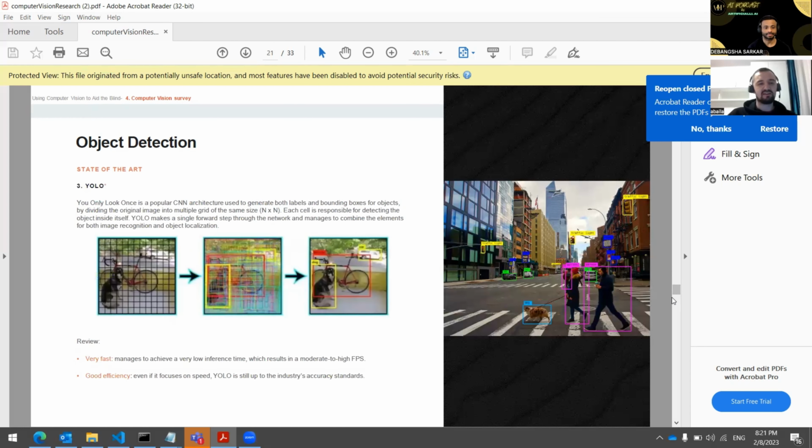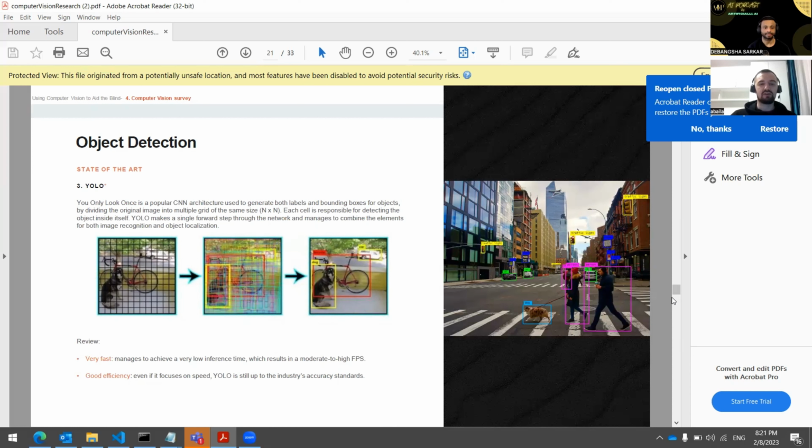Finally, we'll look at YOLO. Maybe some people have heard of it. It is a really popular CNN architecture that is used to generate both labels and bounding boxes for objects by dividing the original image into multiple grids of the same size.